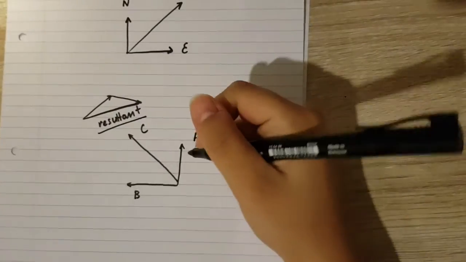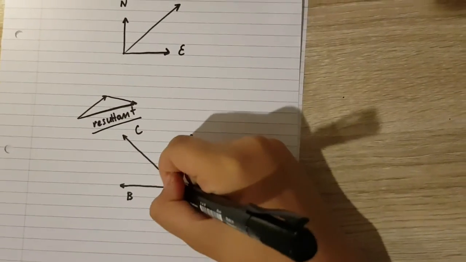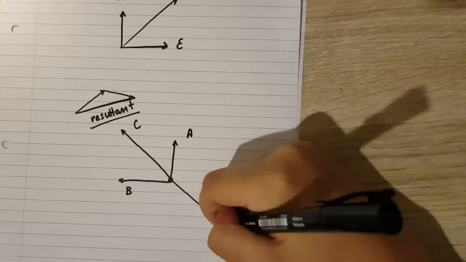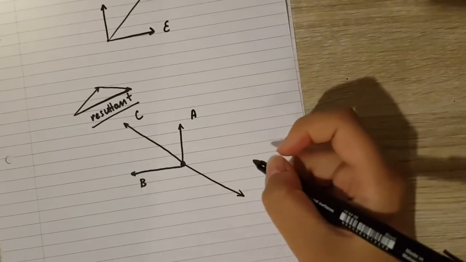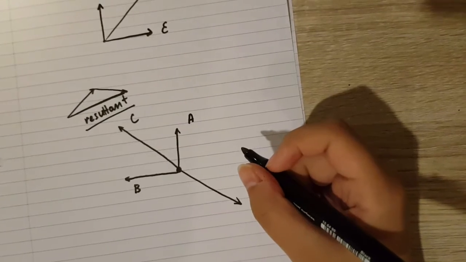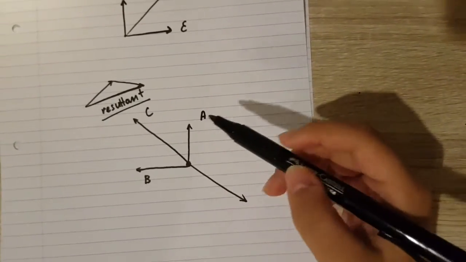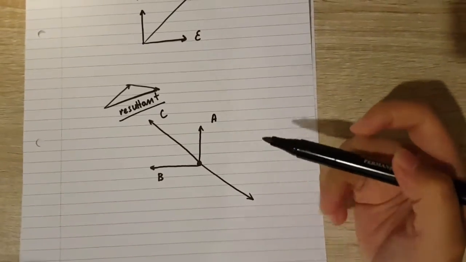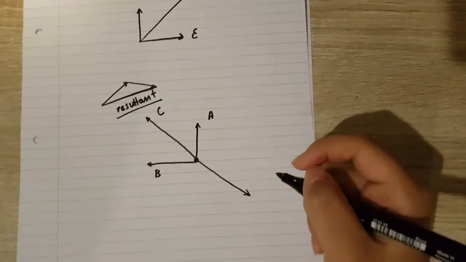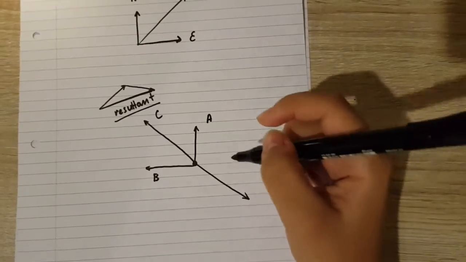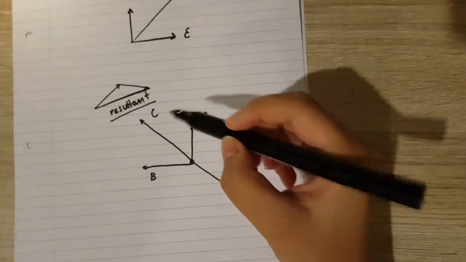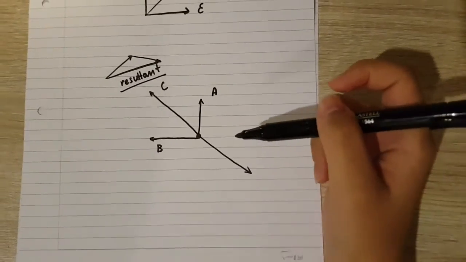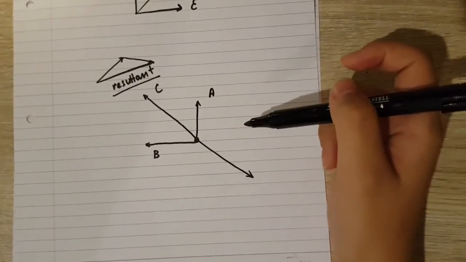The equilibrant will be a vector which will go in the opposite direction, so that the forces are equal to each other. If we see any examples where the resultant and the equilibrant are both demonstrated, it means that an object is in a state of equilibrium.